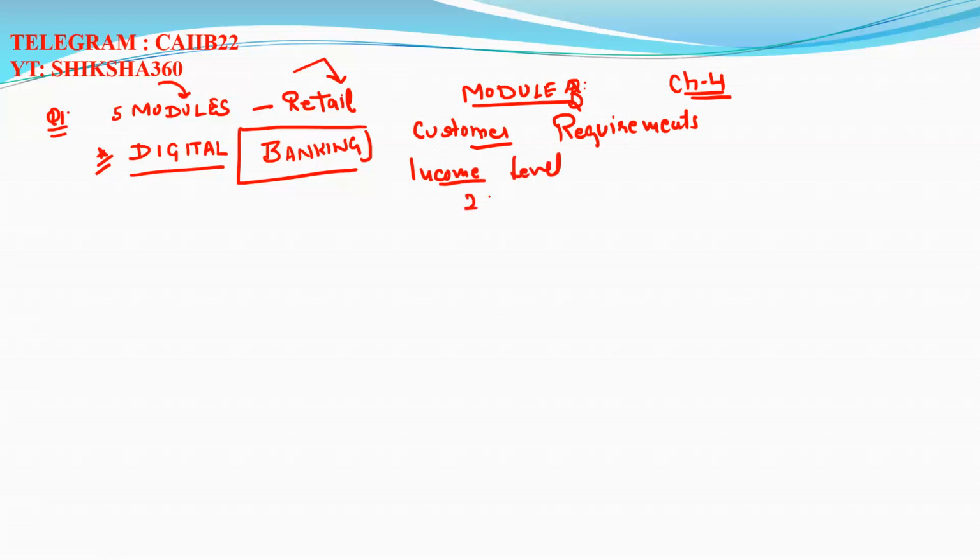Income levels like 2 to 10 lakh, 10 to 50 lakh, 50 to 400 lakh, 400 to 4000 lakh. One question you will definitely find in the examination regarding that: under which segment it is available.